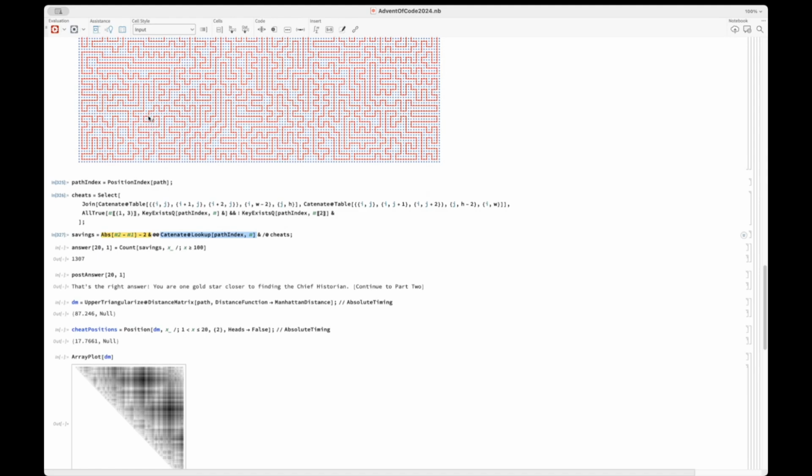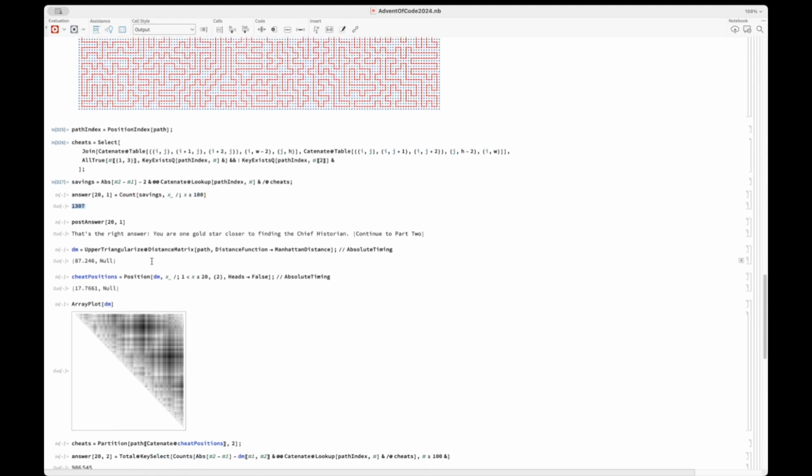That's how many steps you actually spend making the shortcut itself, and that's how you compute how much this particular shortcut is going to save you. The task was, I guess, to count how many shortcuts save you at least 100 steps. So that was the solution.